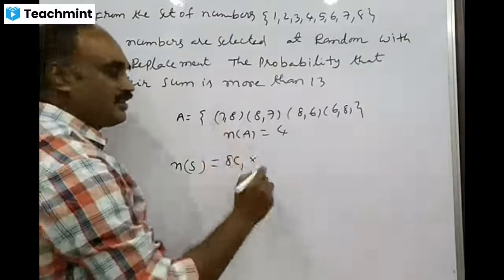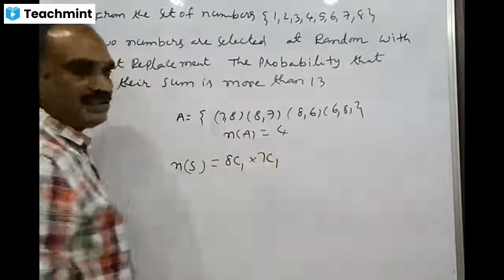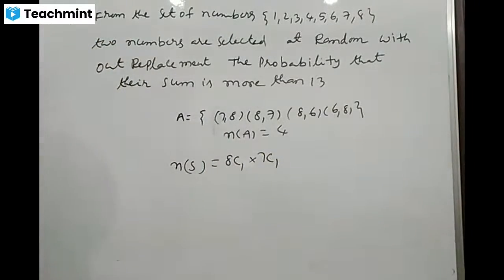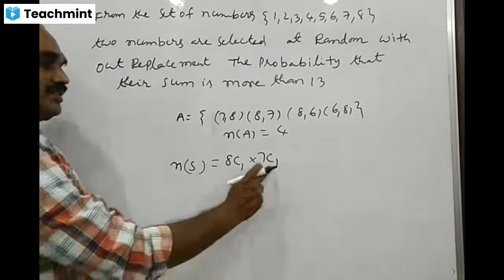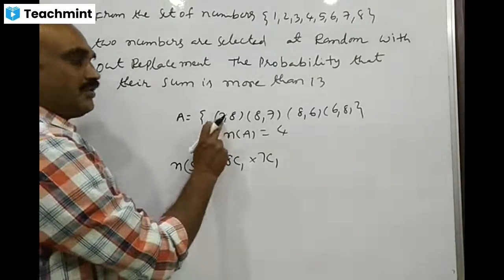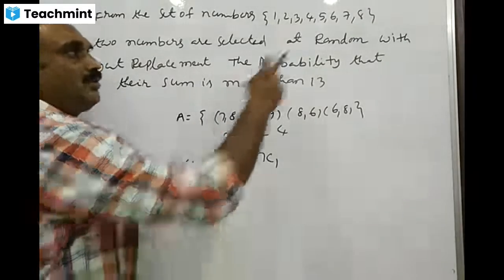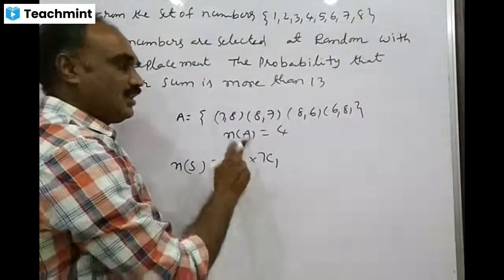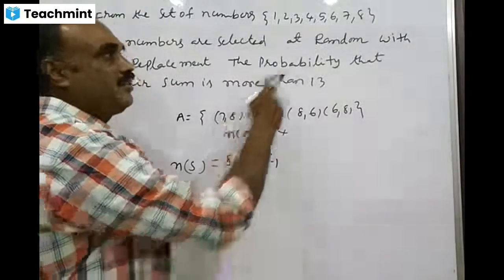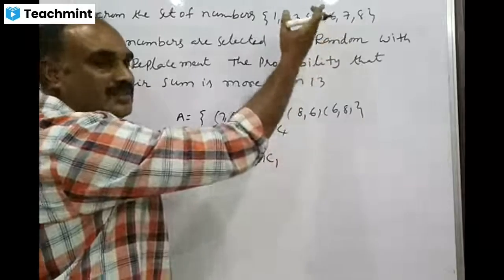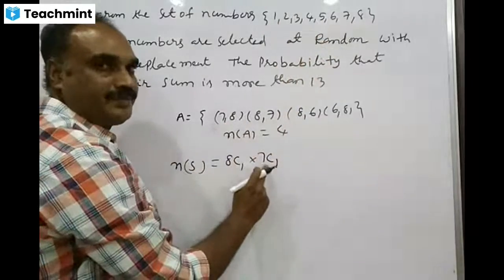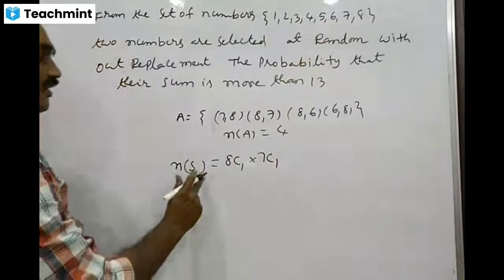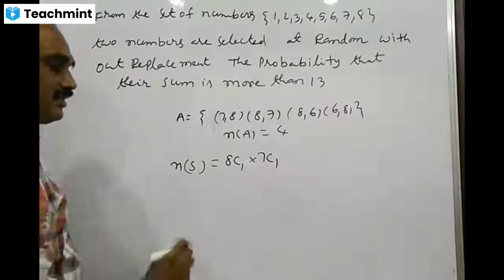Select second number, total possibilities 7C1. So n of S is equal to 8C1 into 7C1. Without replacement, remaining total number is 7, select one number 7C1.